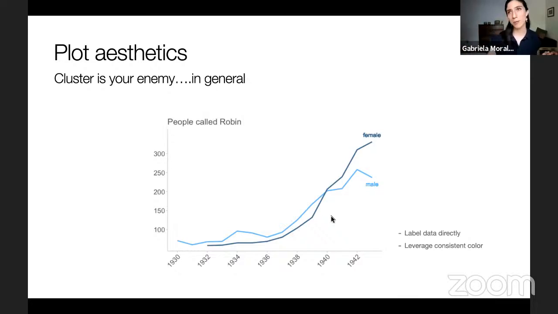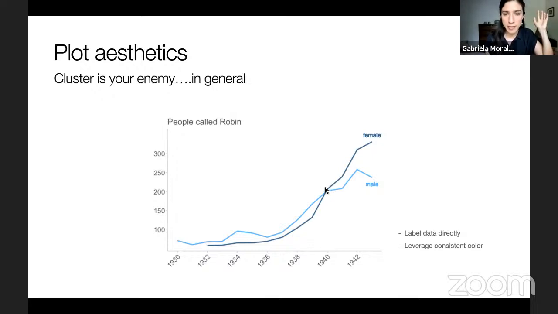This is one of the most controversial ones because a lot of people like the grids. Many people will tell you don't use grids. And I will tell you it depends on what you want to show, again. So grid lines are important, for example, if the numbers are actually relevant to you. If you want to know in 1940 the number of females called Robin, how many there are.